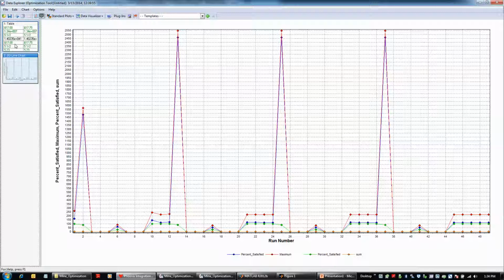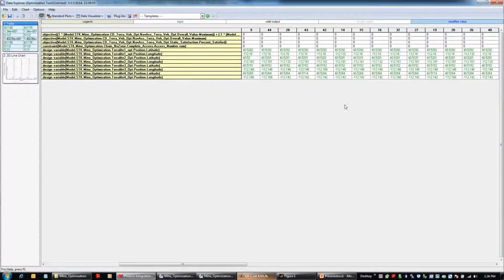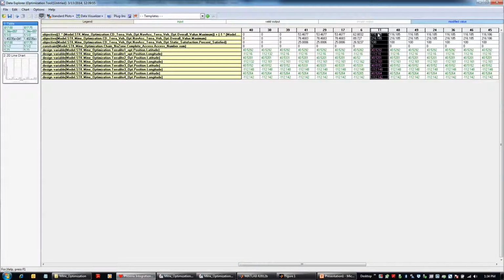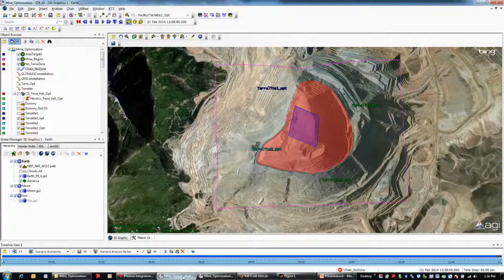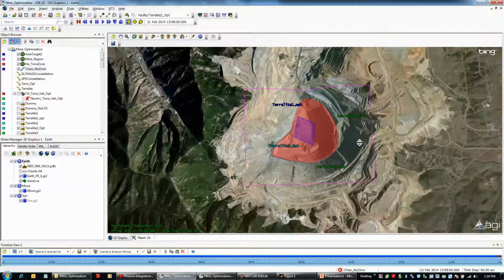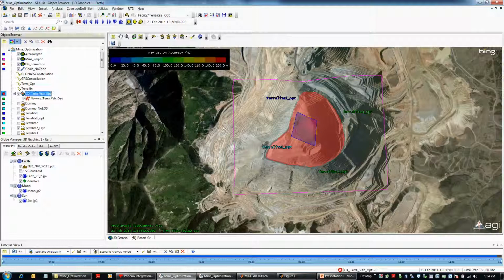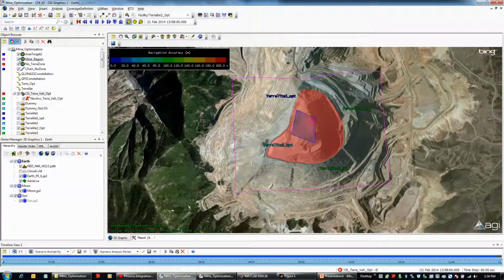So coming back to this result, it was one of the runs which obtained 216. You can see all the runs over here, and this was the result which gives the best result, where I have covered 100% of the region, my navigational accuracy is this much, and I haven't violated any of the constraints. So the result I obtained looks like this, the final result.